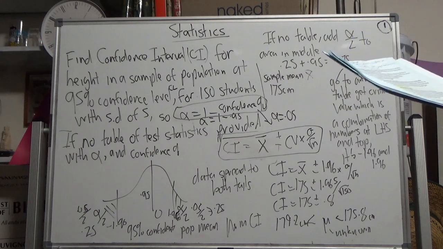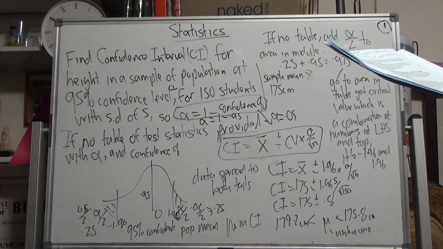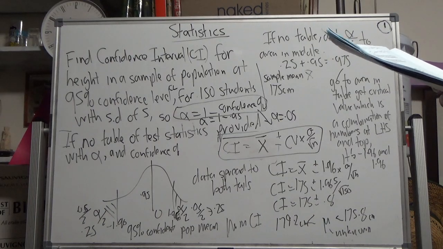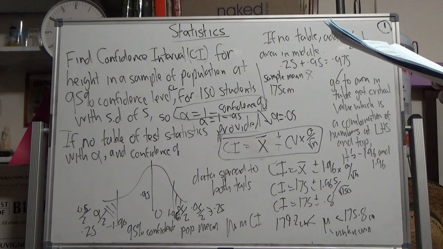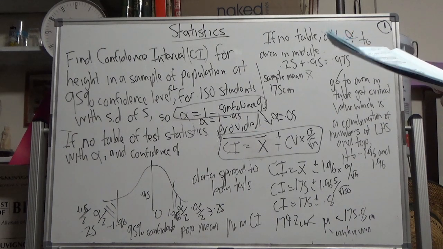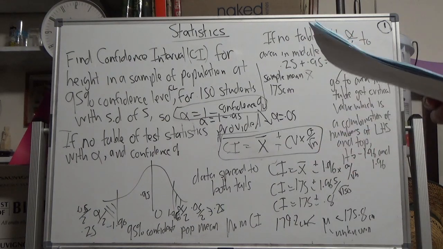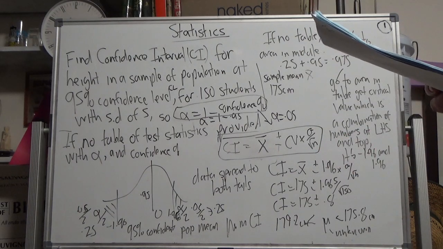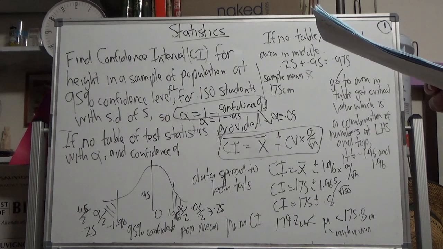The statistics students wanted 95% confidence in the survey that the population mean would be within the confidence interval. 150 students were surveyed at the campus. Their survey mean was 175 centimetres and the standard deviation was 5 centimetres.